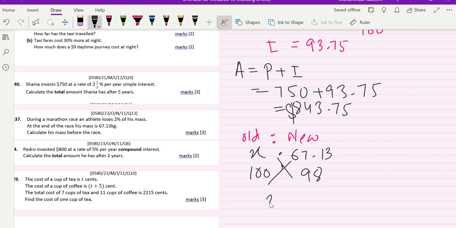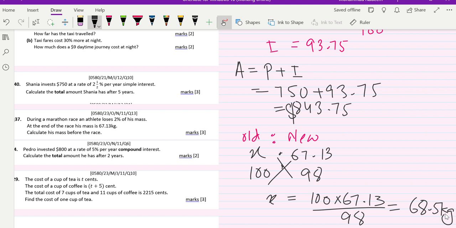Again, cross multiply to work out the value of x, so x will be 100 into 67.13 divided by 98. So original mass of the athlete was 68.5 kilograms, which became 67.13 kg after losing 2%.